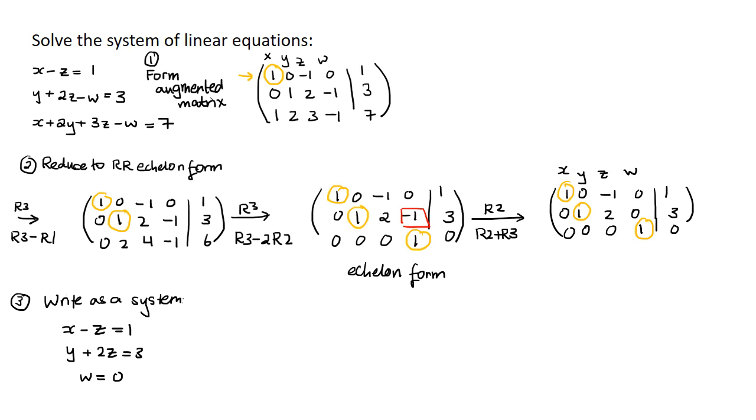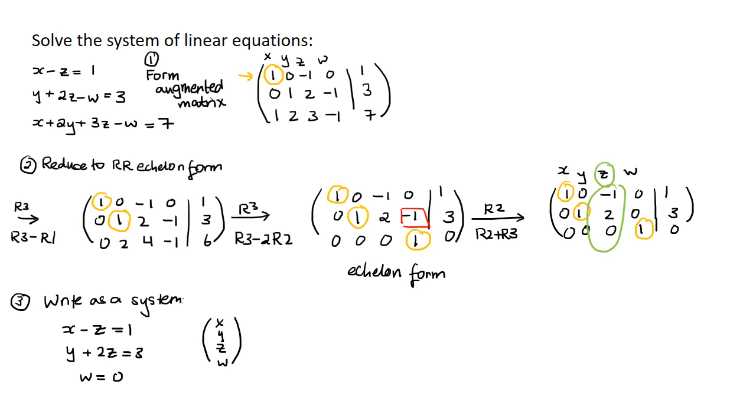So our solutions are going to be vectors of the form x, y, z, w. And we can write everything in terms of this non-pivot variable z. Okay?